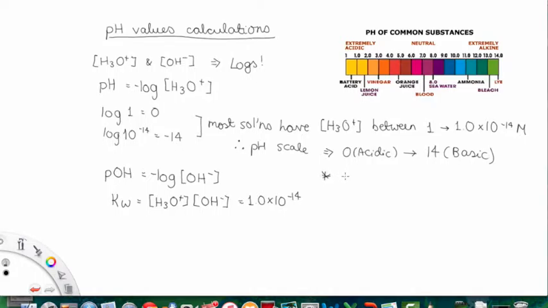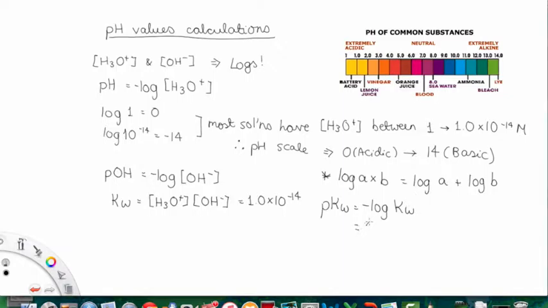So let's talk about a rule for logarithms. If you have the log of A multiplied by B, this can be rewritten as the log of A plus the log of B. So the pKw is the negative log of Kw, so kind of like pH being the hydronium ion concentration, pKw is the negative log of the ionization constant Kw.